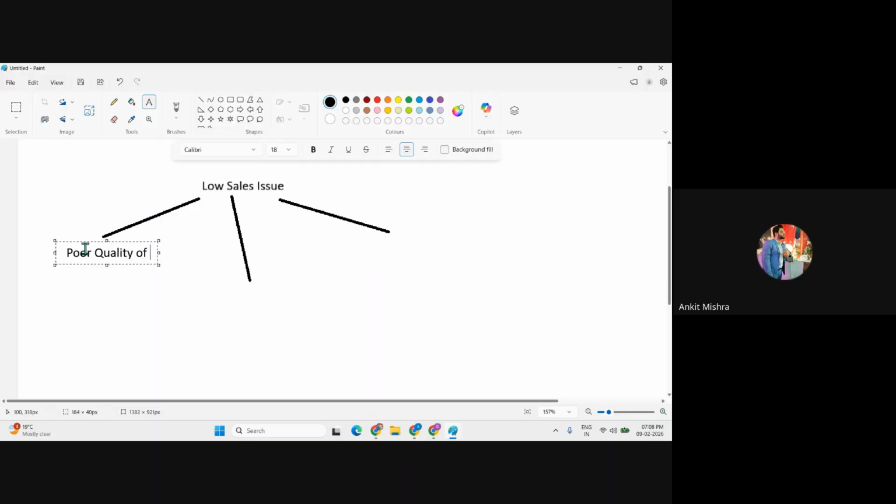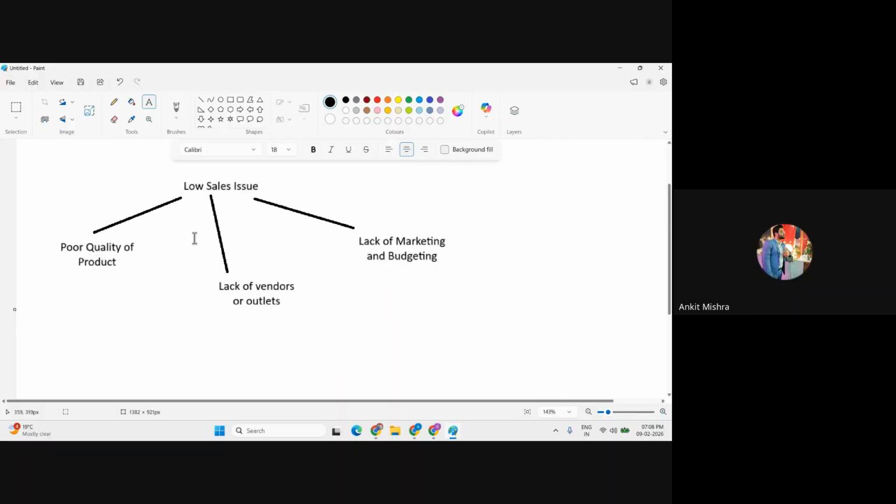Poor quality of product, low sales due to lack of vendors or outlets, right? We can simply write this. Or the low sales is due to lack of marketing and budgeting. We can also write this one, lack of marketing and budgeting. So we are just creating decision nodes, right? Why exactly are we getting the low sales?